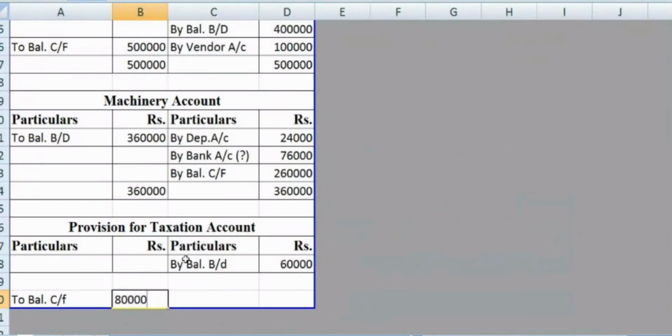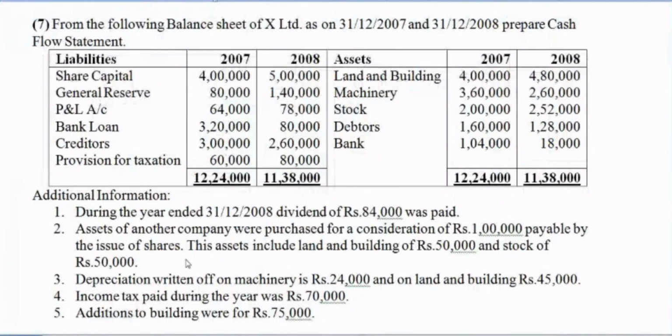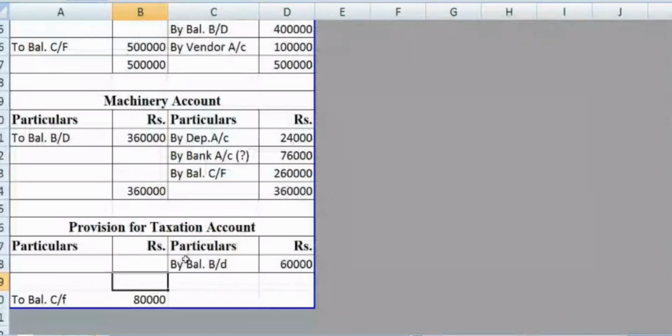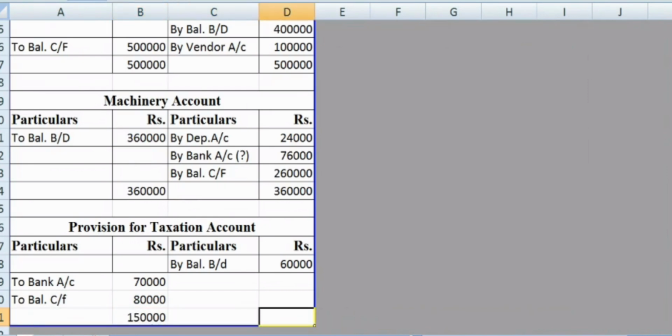The additional information says income tax paid during the year. So on the debit side what we need to write? To bank account payment, that is 70,000. Now close it. Here total is 150, and if you put the same total on the credit side, what is the difference?